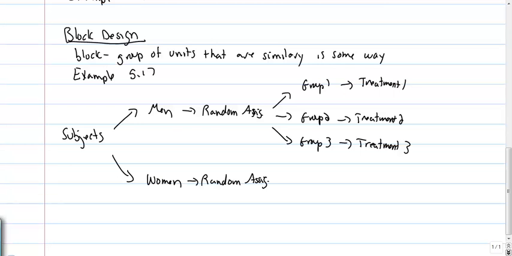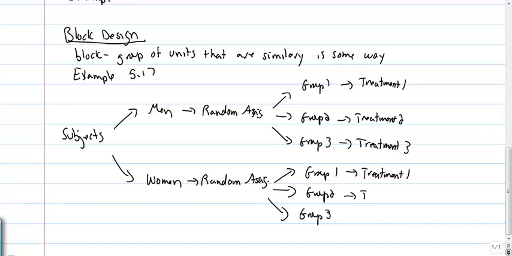Maybe we have 3 treatments. We're going to do the same thing for the women. We're going to divide them up into 3 groups, group 1, group 2, and group 3. And we will assign the same 3 treatments to the women.